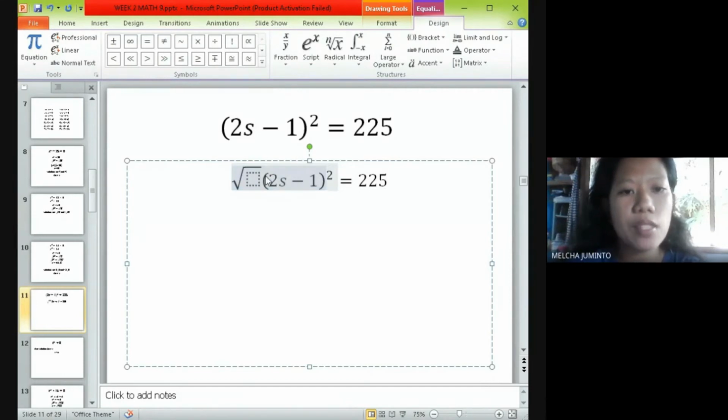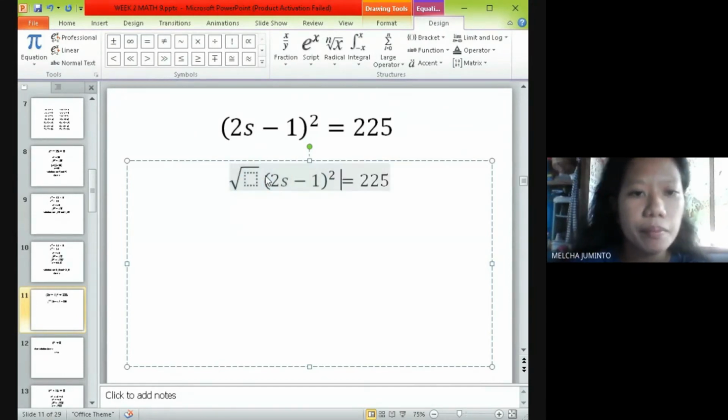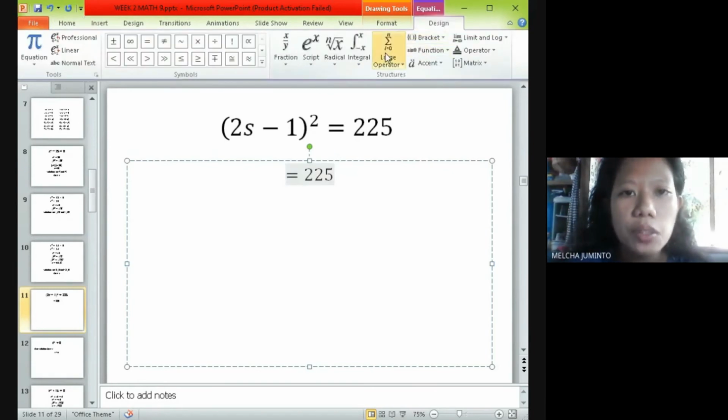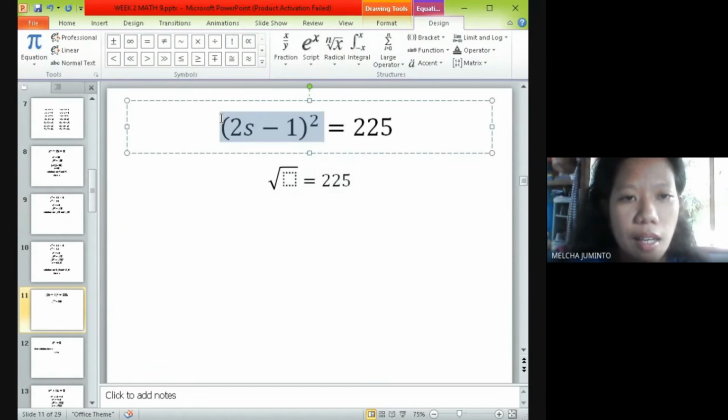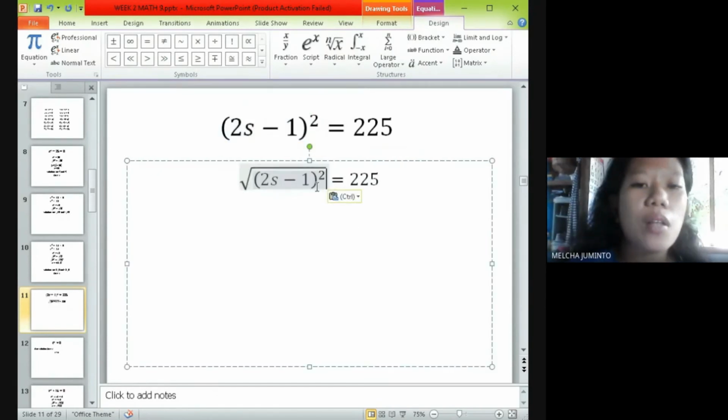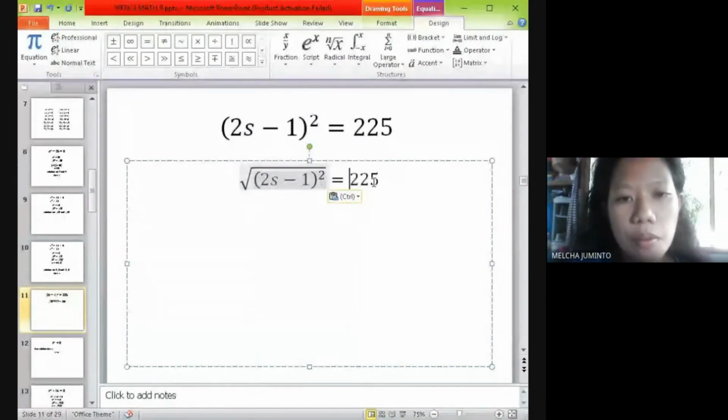The left side, this one, erase ko muna tuloy. So both sides should be expressed to square root. So itong nasa left side na the quantity 2s minus 1 squared should be expressed to square roots.